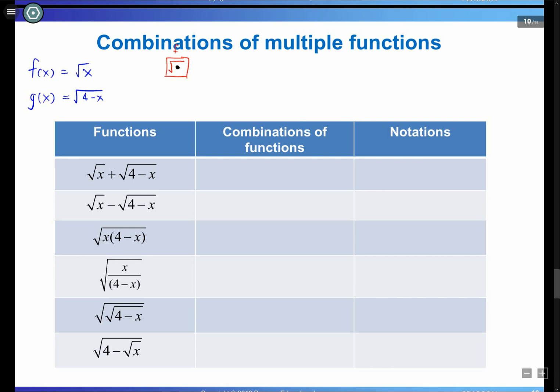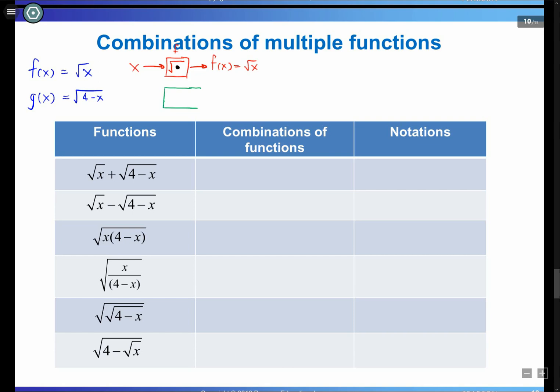So right here we have this input as x, and it gets fed into this box, and outside it becomes the image of x. f(x) is the square root of the input, and here we have square root of x. Now for the subfunction g, it's going to be a little bit different.